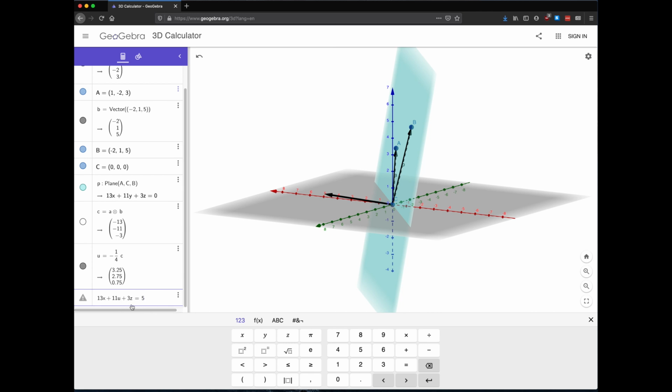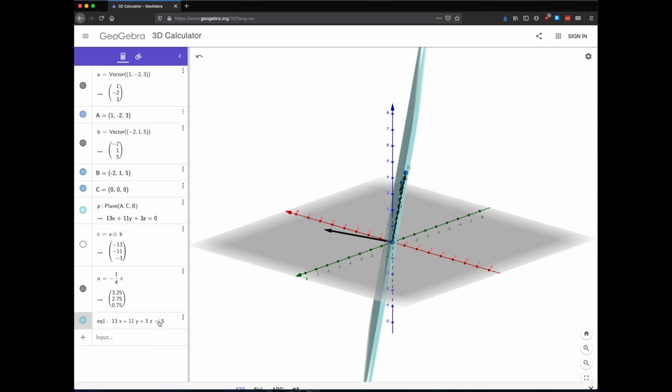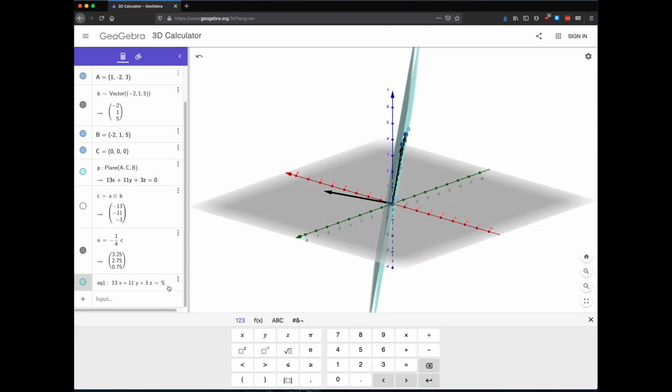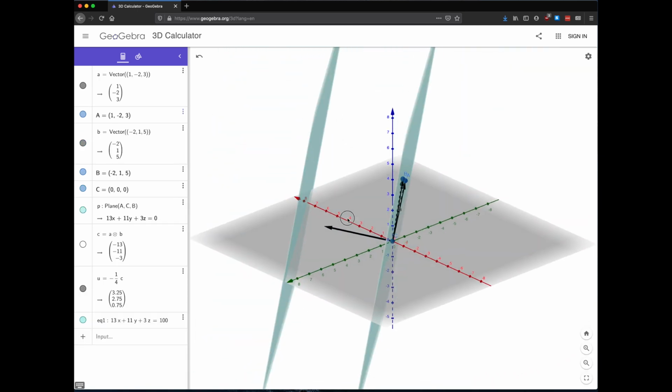Oh, typo. Okay, 5 is too close together, but you can already see these are 2 parallel planes. Let's do 10. Okay, fine, let's go crazy. Let's do 100. Okay, look. So there's 2 parallel planes.